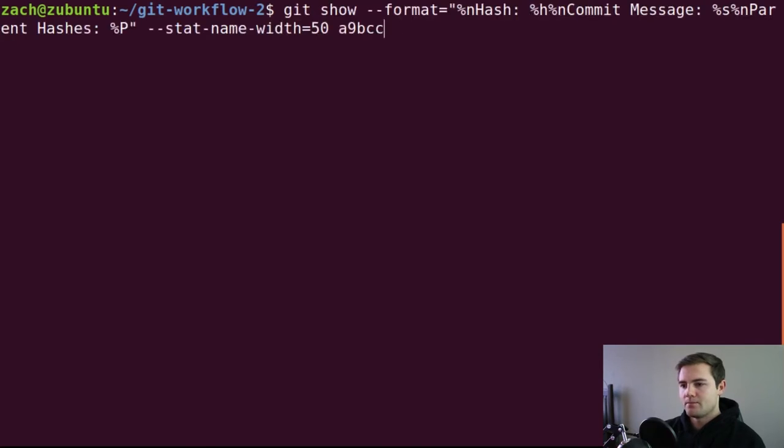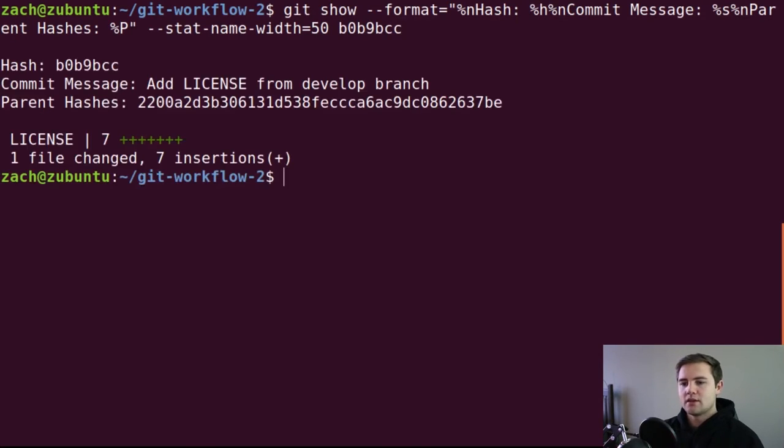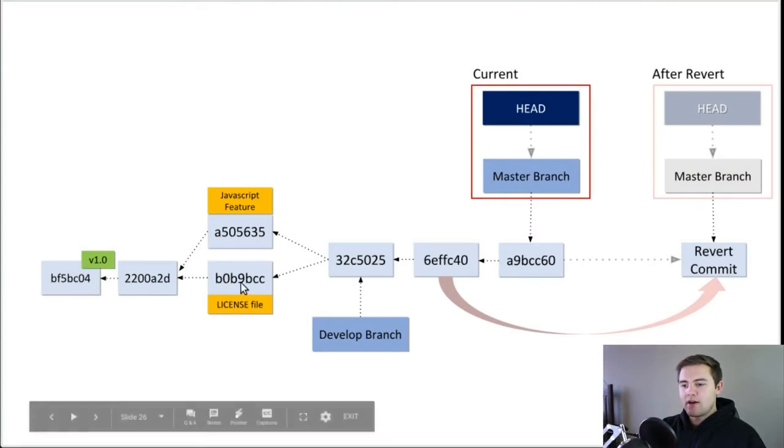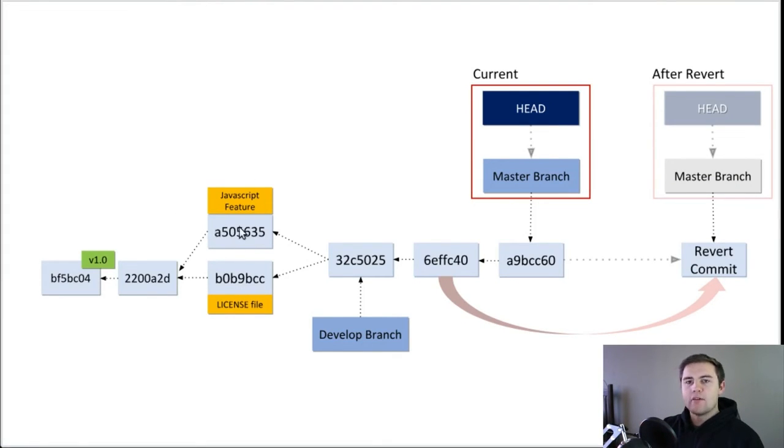So right here, and I'll throw in that commit. You can see that the BOB9BCC hash is going to be the license edition. We can also see this in the diagram. So here's the license file that we committed, and then the JavaScript feature is the A505 commit. So we could also see that.